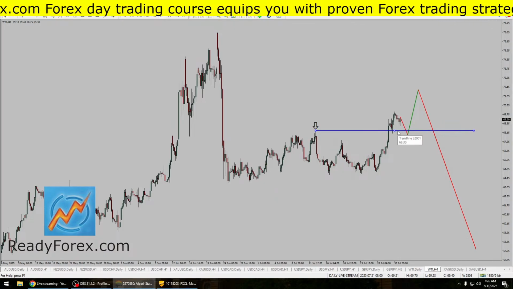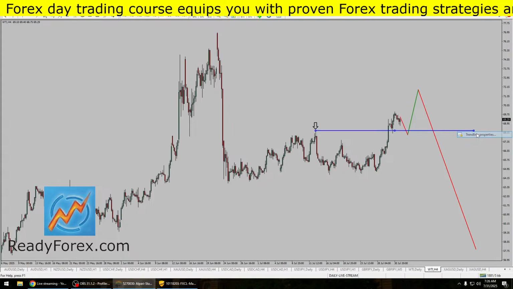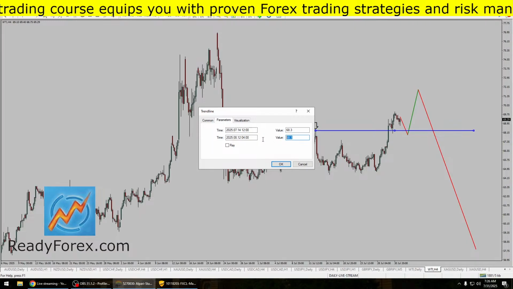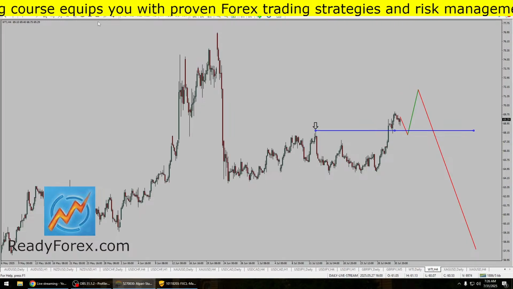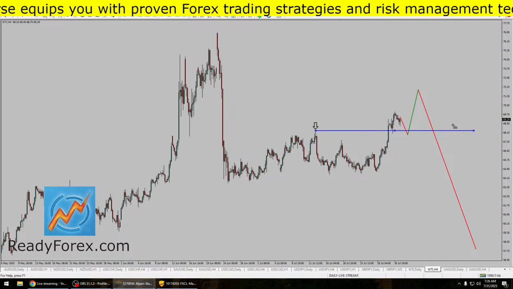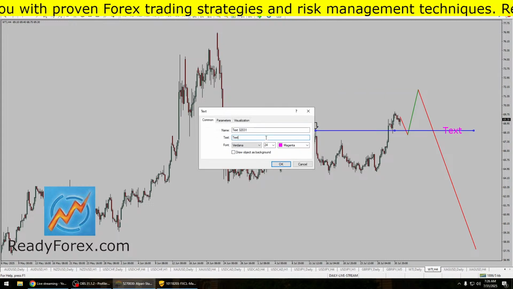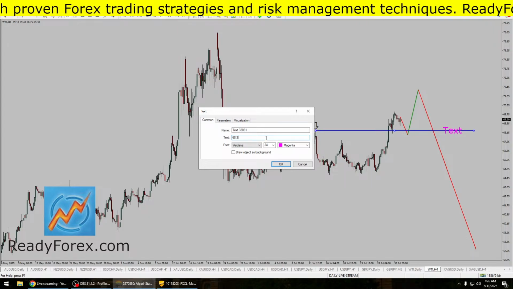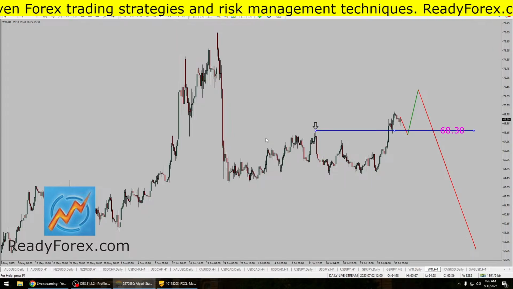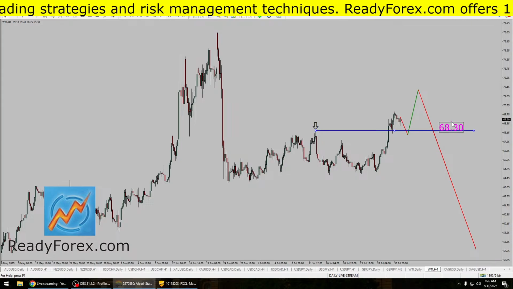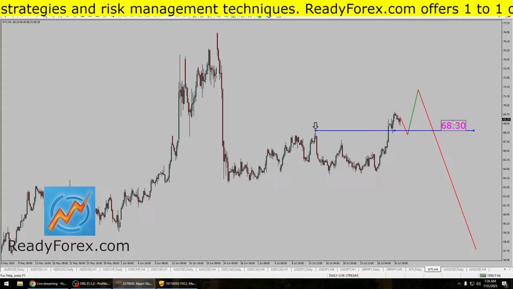Okay, so somewhere around this area we might get a retest, and then from this price level crude oil is probably going to rise up more. So 68.30, that's the level over here.